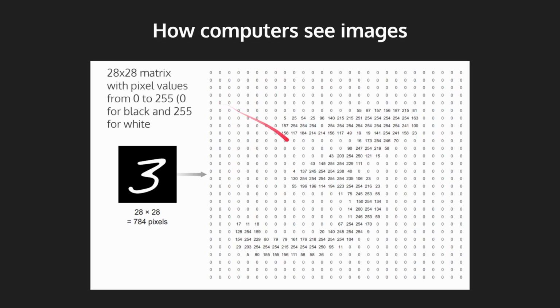So computers see grayscale colors, black and white colors, from a range of 0 to 255. In our case, we have a 28 by 28 image, so that would mean 784 pixels, and each pixel value is from 0 to 255.